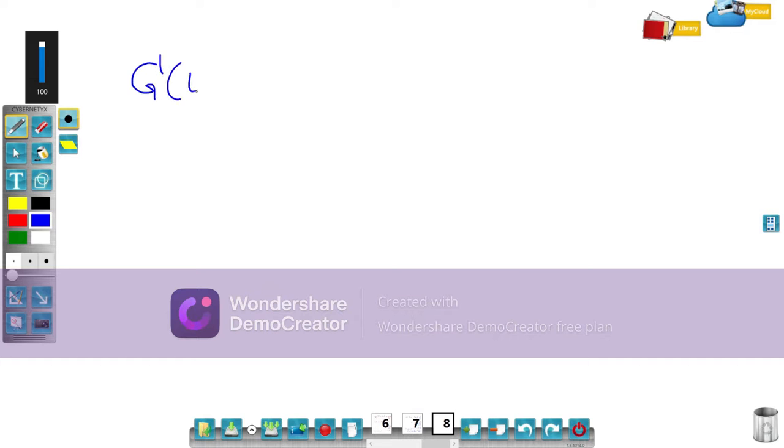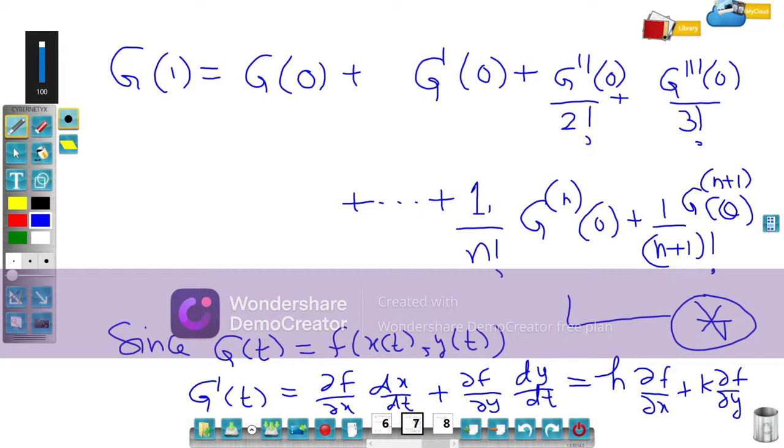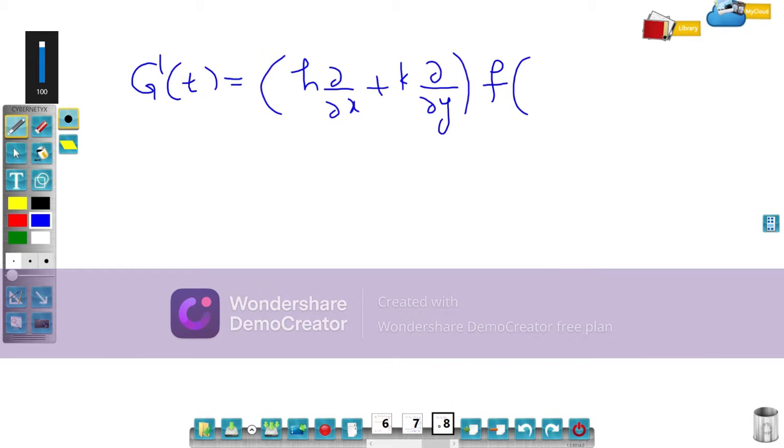g dash t is equal to h dou by dou x plus k dou by dou y of f. Here it is f, so f I will take outside. So f evaluated at x of t comma y of t, but x of t is a plus th and y of t is b plus tk.